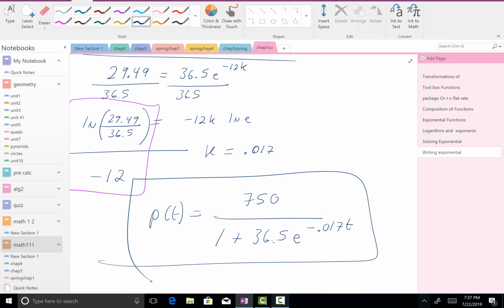Okay, now I'm going to let Desmos do the work here. I'm going to put C divided by parentheses 1 plus A, because I don't know what A is, right? That's my constant.